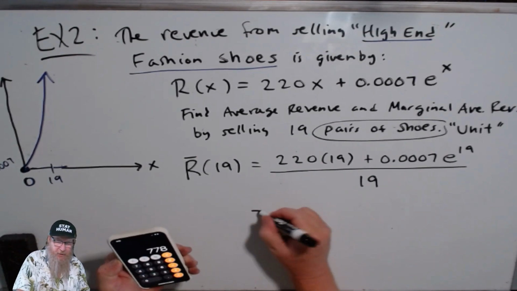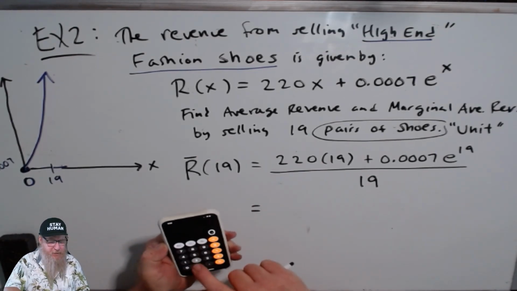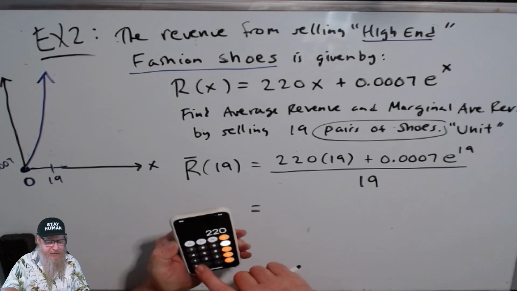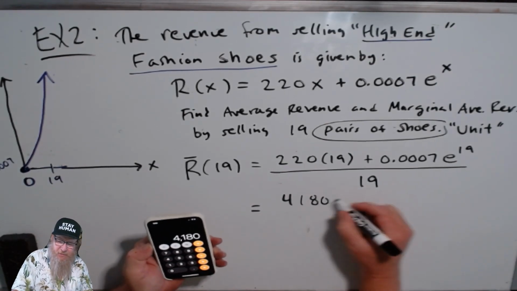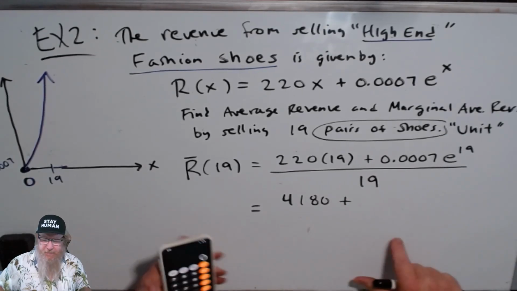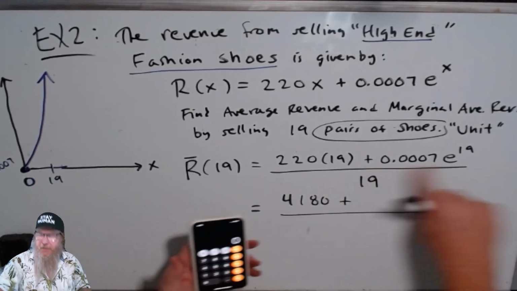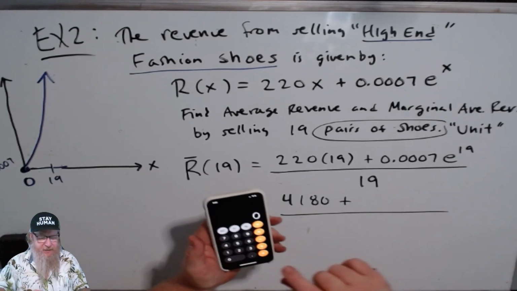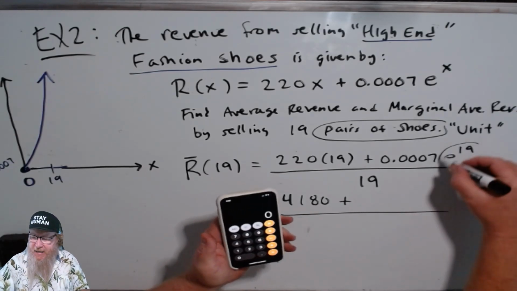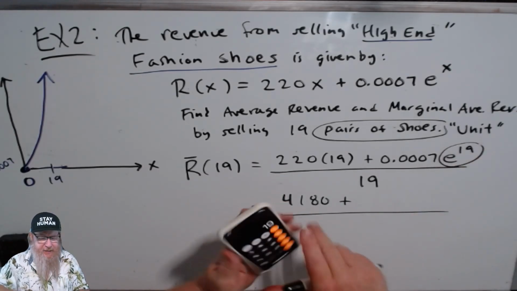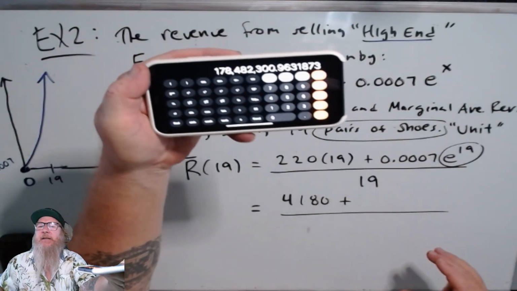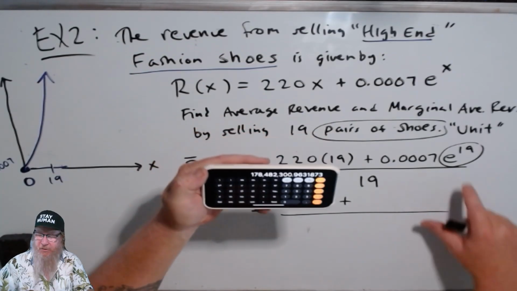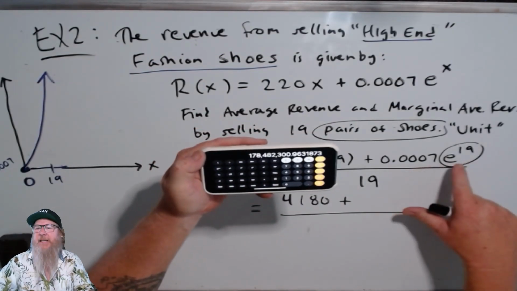You might want to do a little prep work. Do the 220 times the 19 first. And then you could do the rest of it nicely. So start with the e. So e to the 19. It's your e to the x. That's very large. Now you don't get to keep all that money.